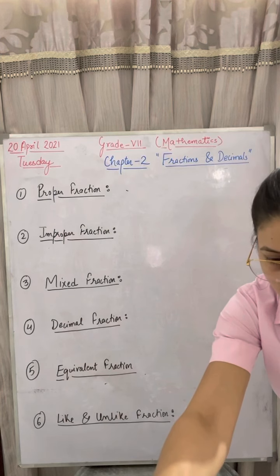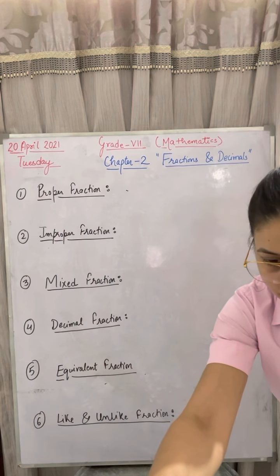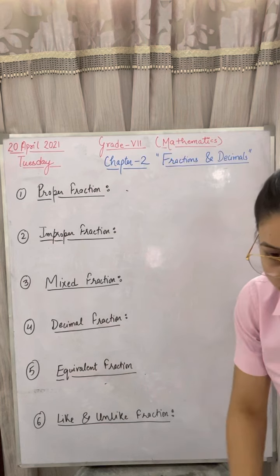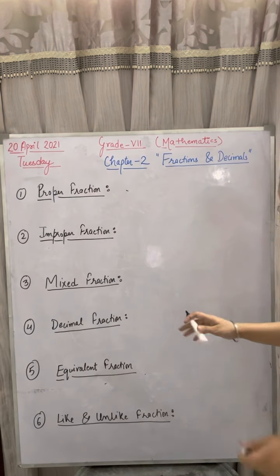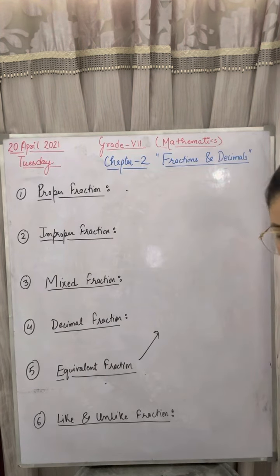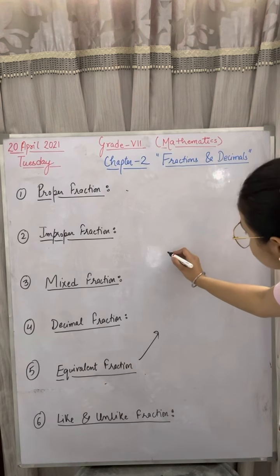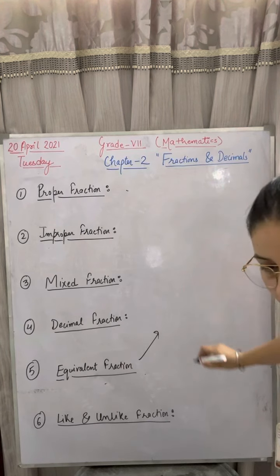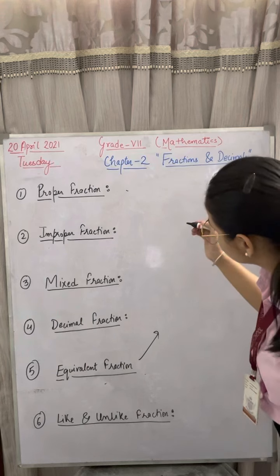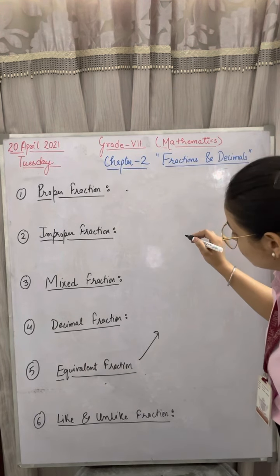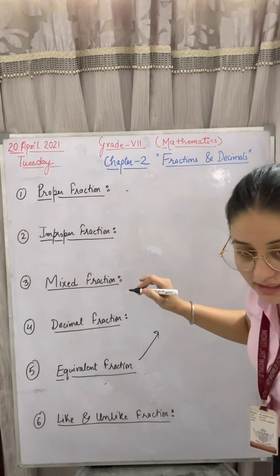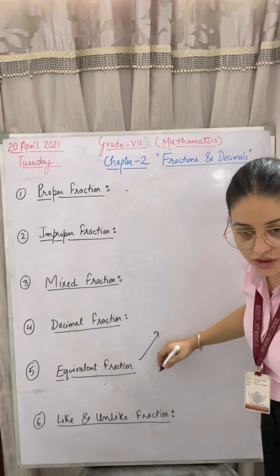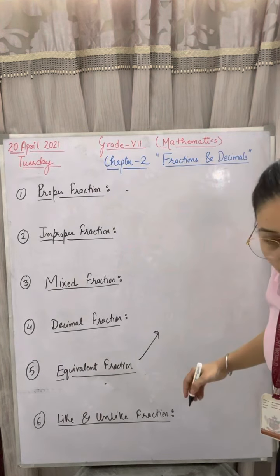Okay, Hazel. Very good morning. Hazel, give me the answer. What do you mean by equivalent fraction? Ma'am, equivalent fractions are those fractions whose denominator is the same but numerator is different. No, ma'am, that is not equivalent. Those are like fractions. I'm asking about equivalent.